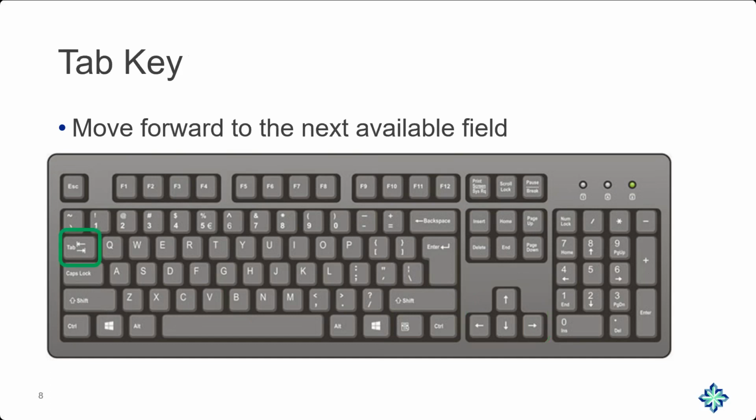Next is the tab key. Now your tab key is important because it's going to move forward between fields. And this is what is recommended to go to the next required field based on the type of bill of the claim that you're entering or correcting.